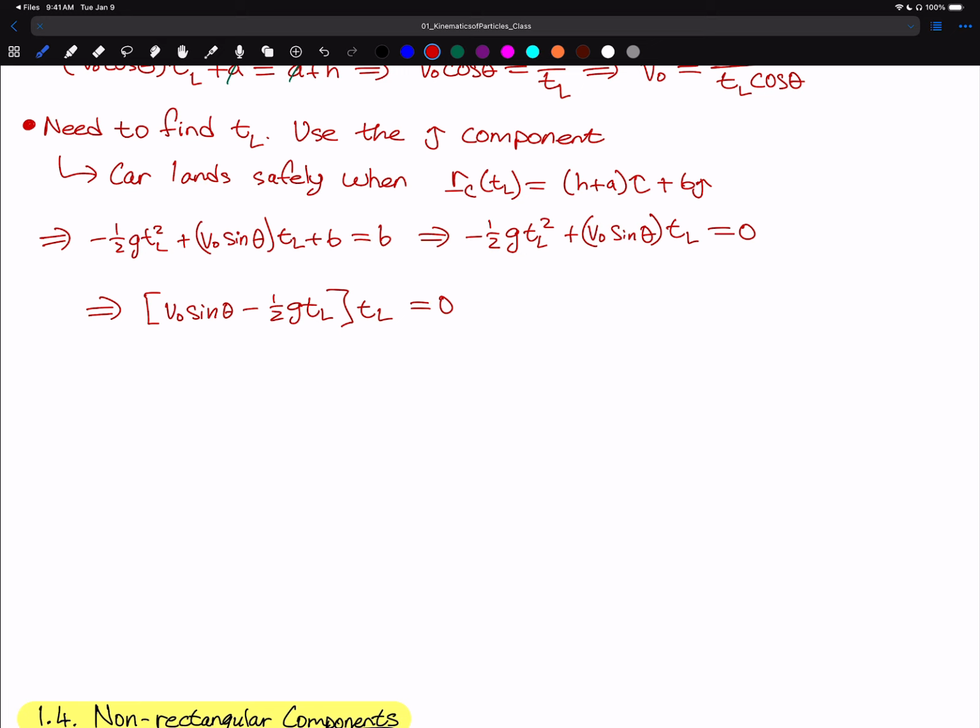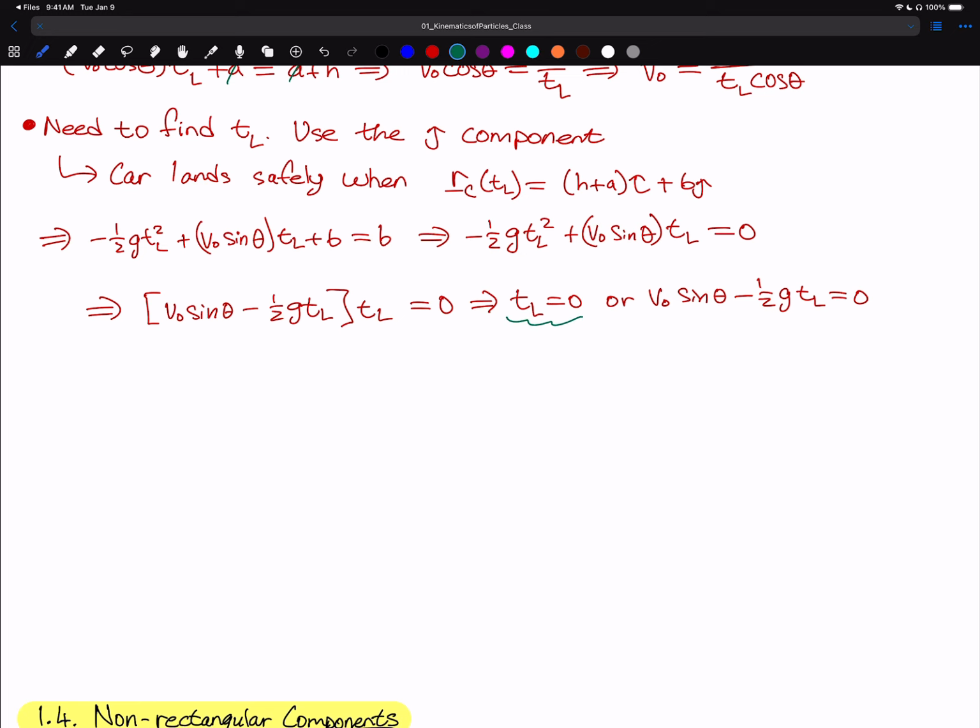So we get two choices here. You should never just eliminate a TL or a quantity in this case, because we're going to get two valid solutions from this. So first, either TL is equal to 0, and that's a valid solution. If you eliminate TL, you will miss this valid solution. Or we'll get that v0 times the sine of theta minus 1/2 g TL must be equal to 0.